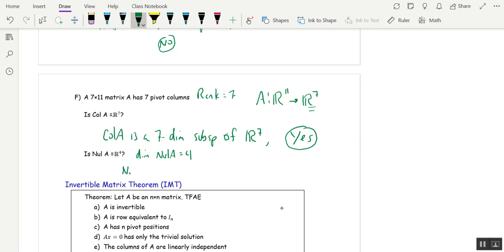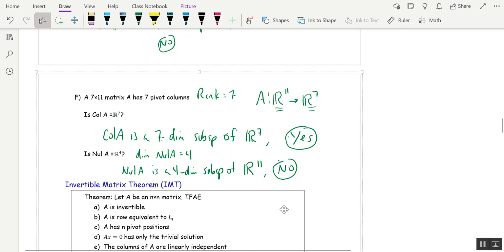So null A is a 4-dimensional subspace of, where does null A live? It lives over here in R11. So no, a 4-dimensional subspace of R11 is not R4. So here's a yes and there's a no. So that's a good example for you to keep in mind in terms of clearing up your confusion.